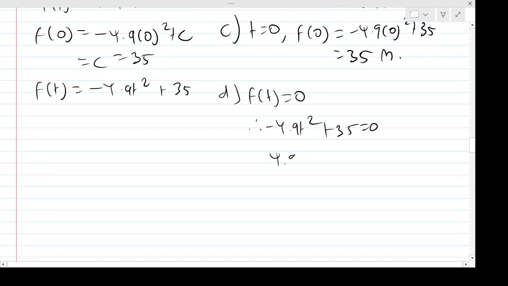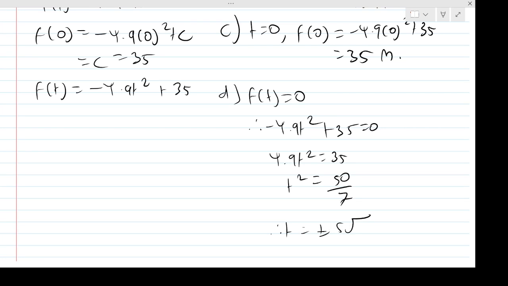So then I need to solve for t. That means 4.9t squared equals 35. So t squared, if I divide by 4.9, I get 50 over 7. Therefore t is going to be plus or minus the root of this, so plus or minus 5 root 14 over 7. That's what my calculator gets me.